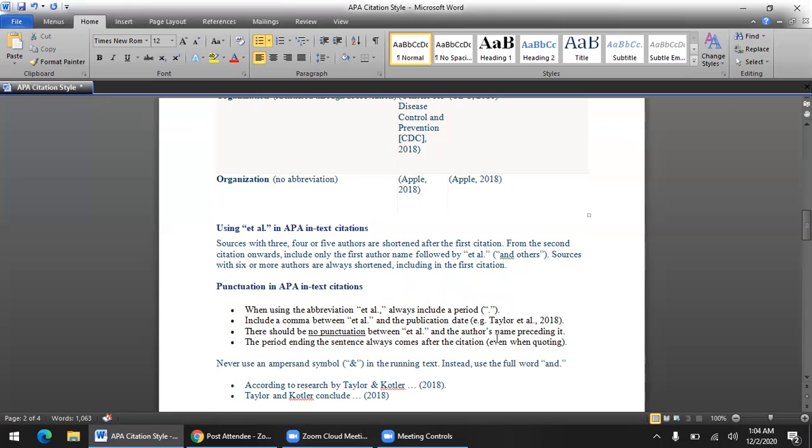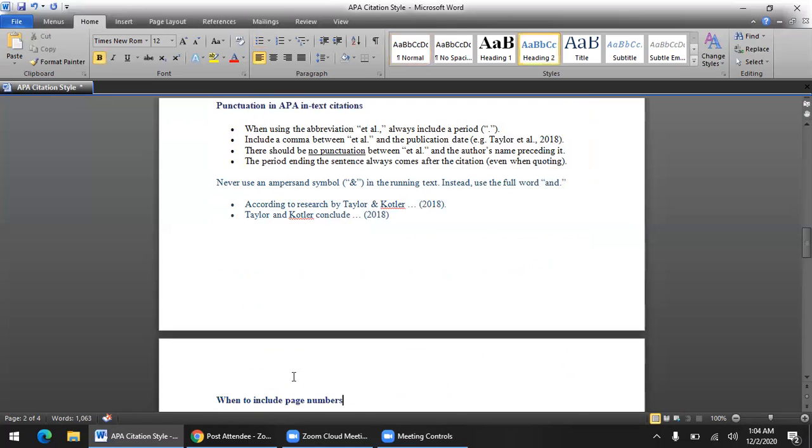Okay, the period ending the sentence always comes after the citation. After the citation you will put the period. So keep in mind this punctuation: a period after et al., a comma before the date, no punctuation between the name and et al., and the period after the citation.